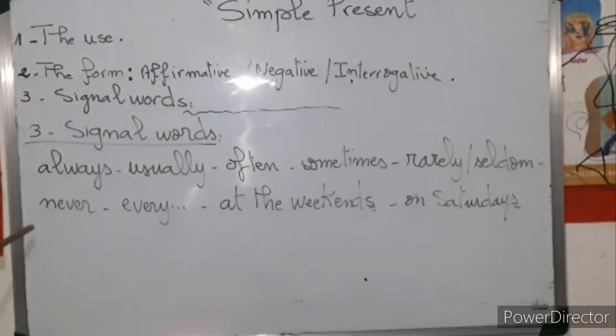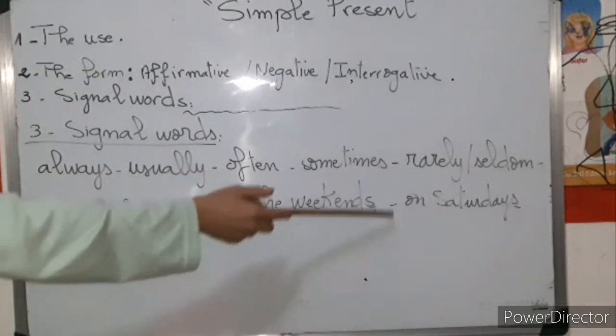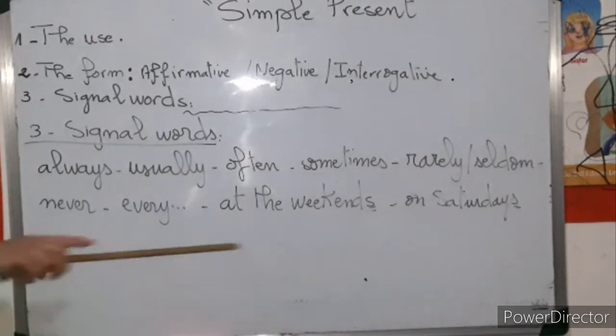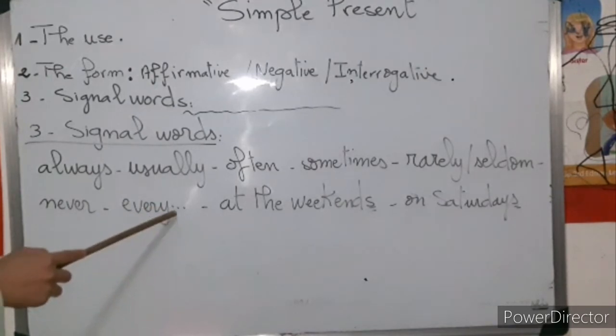So here are some examples of signal words that are used in simple present. Let's start. Always, usually, often, sometimes, rarely or seldom. They are synonyms. Never, every plus something.